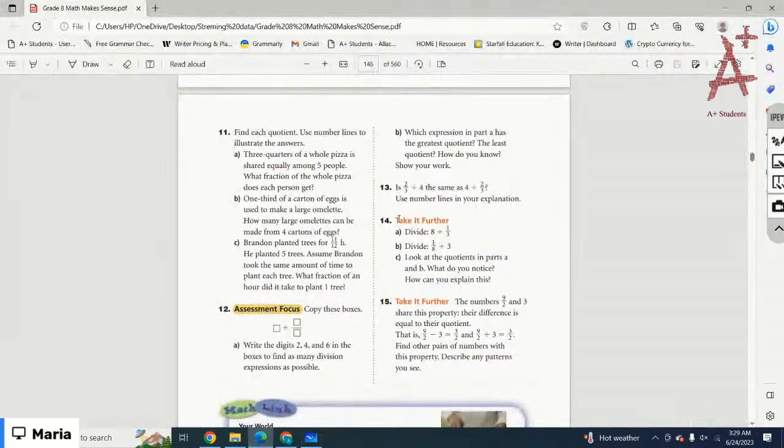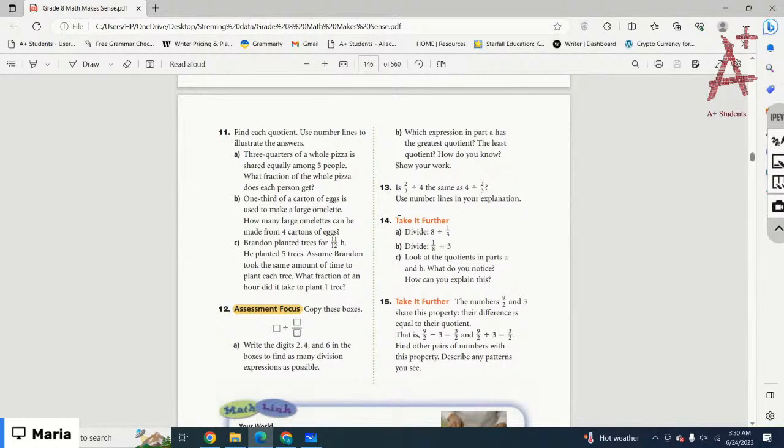Just look at the question number 15. The numbers 9 over 2 and 3 share this property. Their difference is equal to their quotient, that is 9 over 2 minus 3. Find other pairs of numbers with the property. Describe any pattern you see.